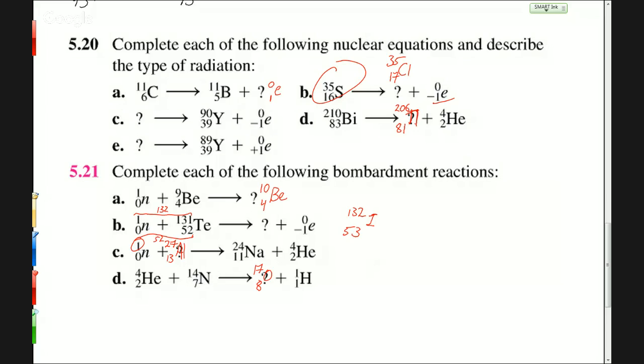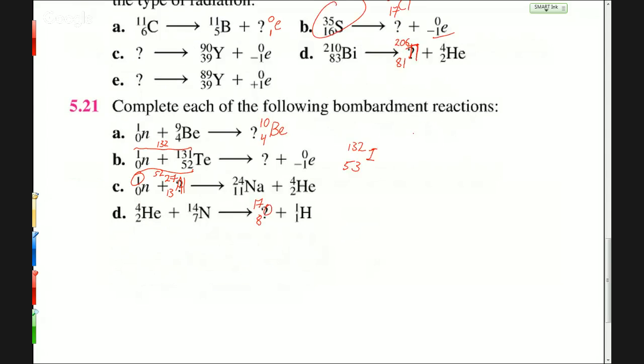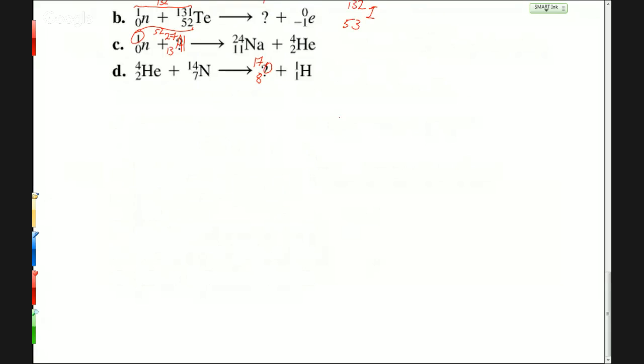All right, so that's the nuclear equations. Now, while we're talking about this, I'm going to skip a little bit in the book, but we'll come back to it. Let's look at nuclear fission and nuclear fusion while we're talking about these types of reactions. So you've probably heard of nuclear fission.